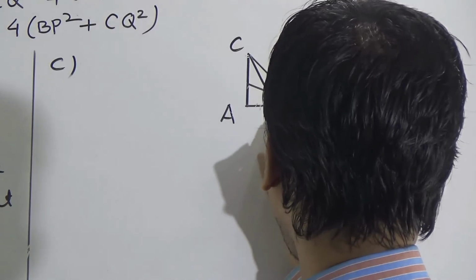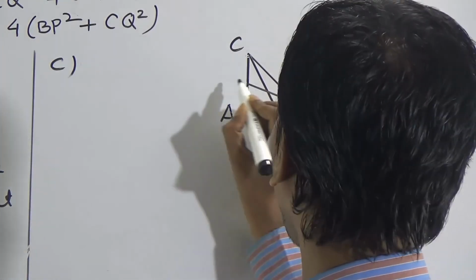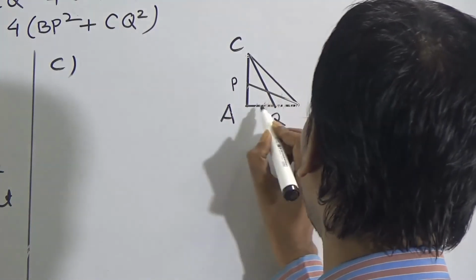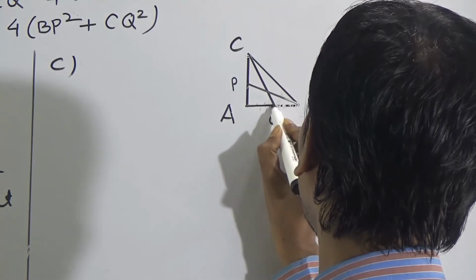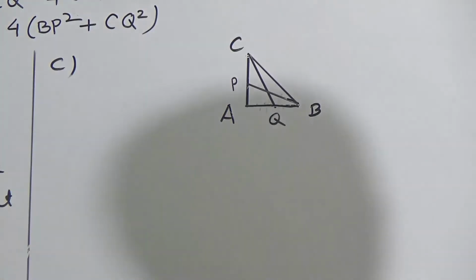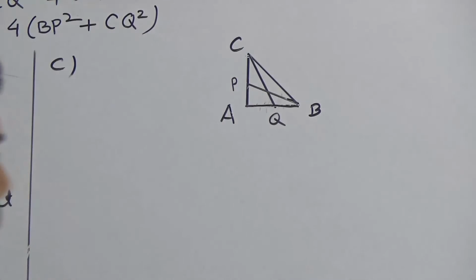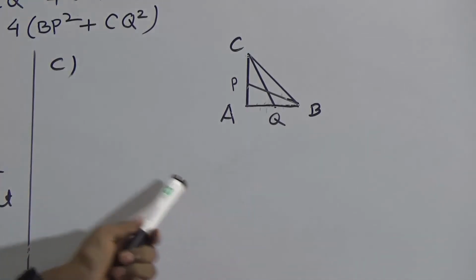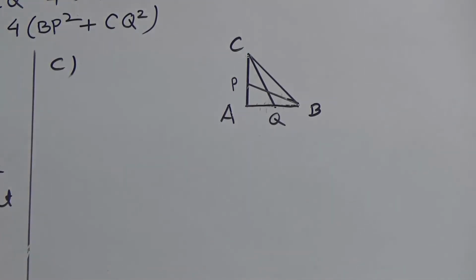This is the point Q. This is the point P. Dear student, you always draw this with pencil and compass. We must draw the right angle triangle using the pencil and compass.